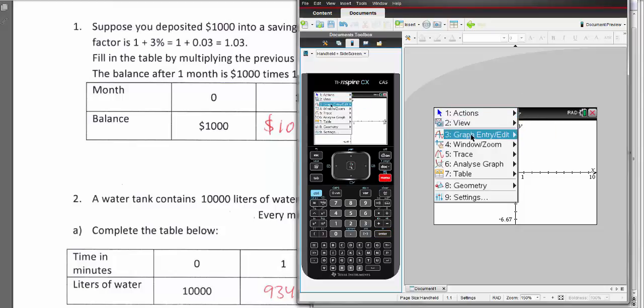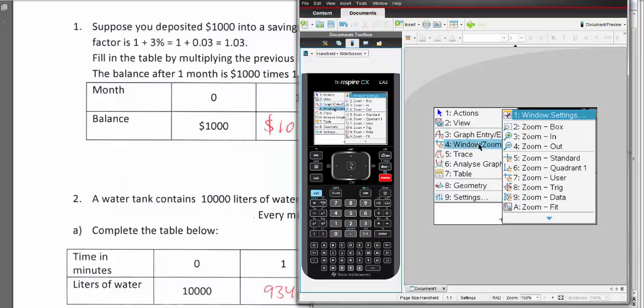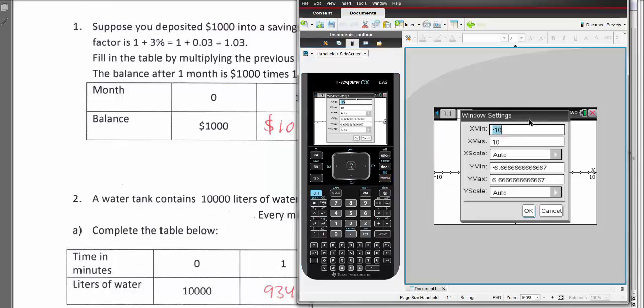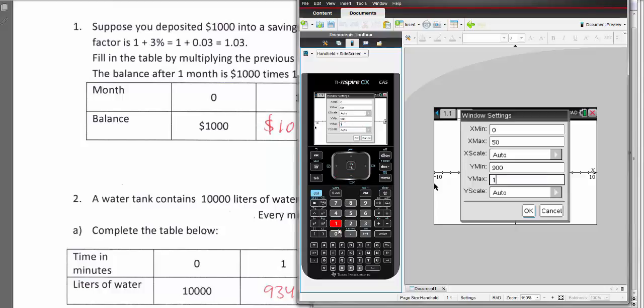So how about we change the window settings to something, well, we can start at 0, and then x is number of months, let's say 50 months, and then y, we start at 1000, let's say we start at 900, and then we can go up to, let's say 100,000.